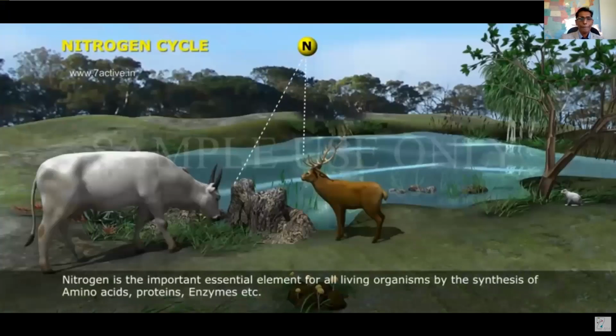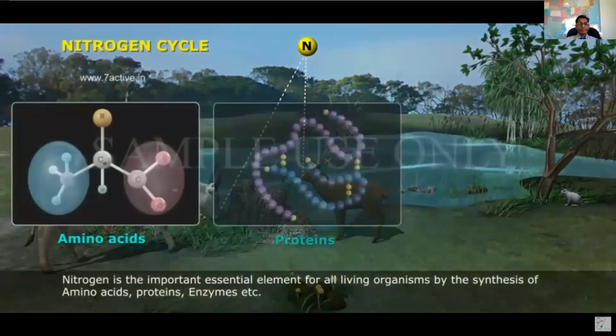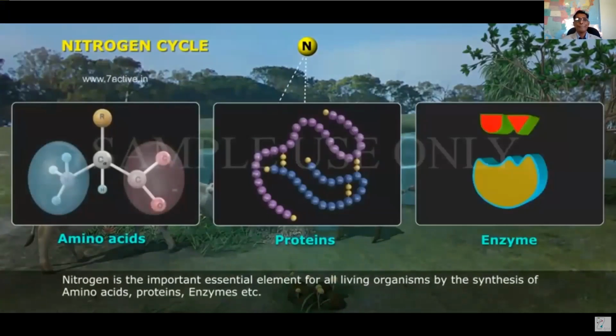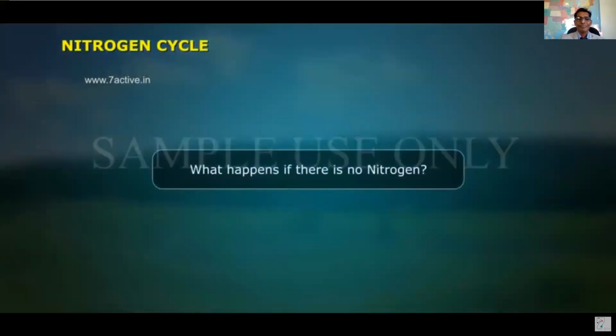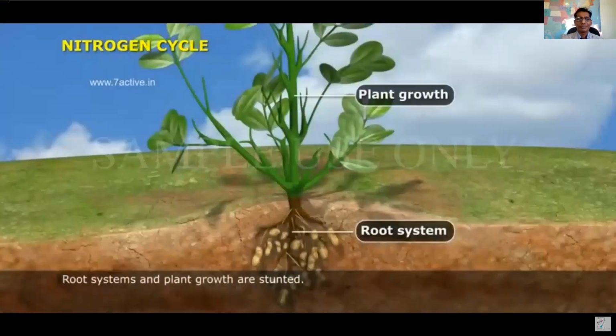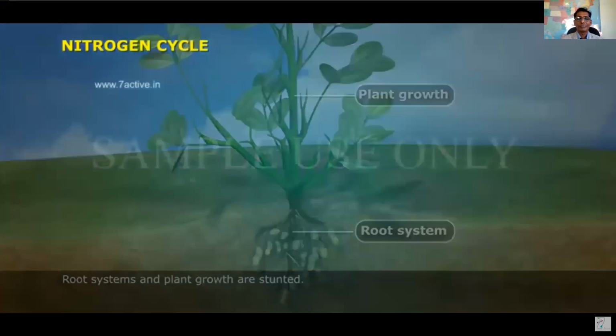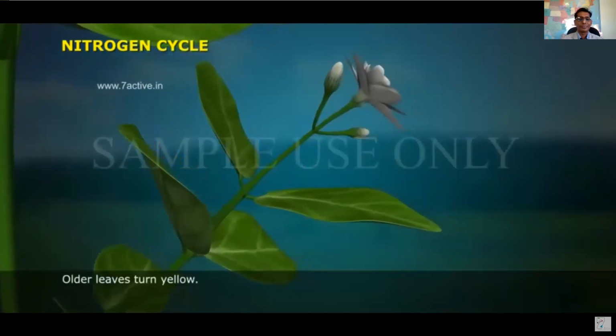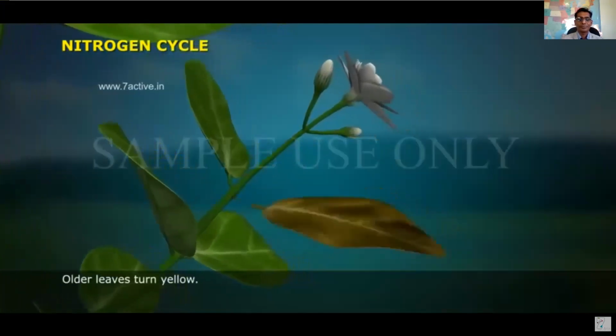Nitrogen cycle. Nitrogen is an important essential element for all living organisms for the synthesis of amino acids, proteins, enzymes, etc. What happens if there is no nitrogen? Root systems and plant growth are stunted. All the leaves turn yellow.